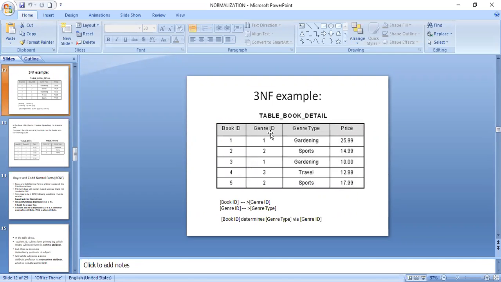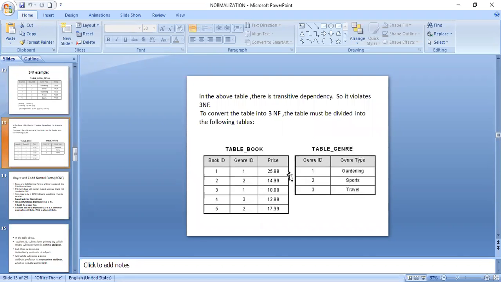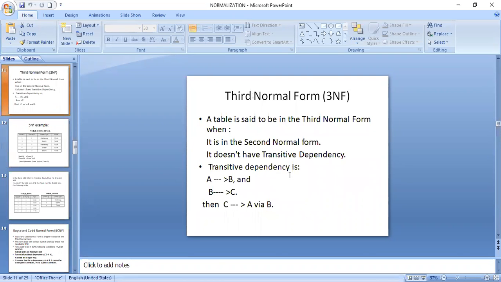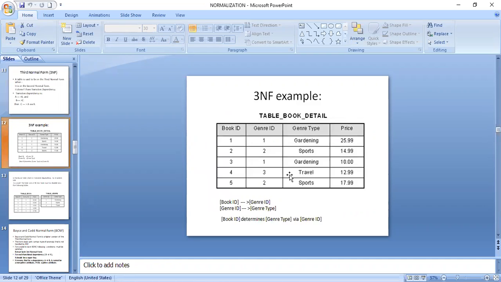If you look at the example here, the given things are book ID determines genre ID and genre ID determines genre type. That means book ID determines genre type via genre ID. So this is what is happening in the third normal form. There should be no transitive dependency. Third normal form doesn't accept transitive dependency, but here we are able to get transitive dependency.